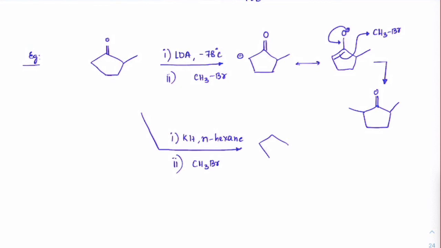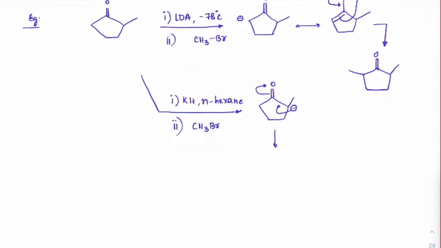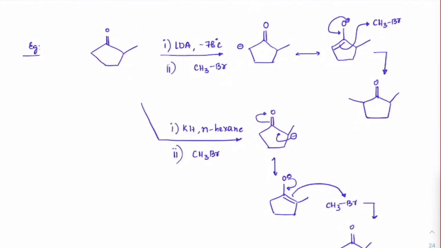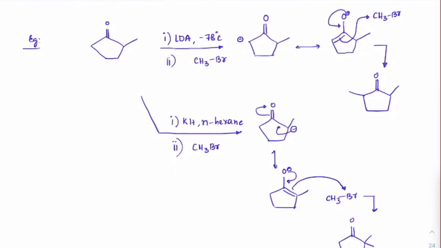So we will have the enolate ion forming on this side, which will stabilize to get this stable enolate, which when treated with CH3Br will form double bond O, CH3 and CH3. So you need to understand in which cases which enolate is more stable. This type of question could be asked, so you have to be prepared for that.